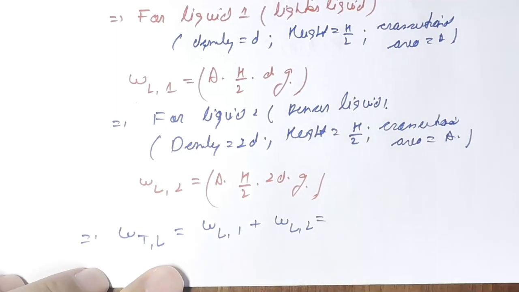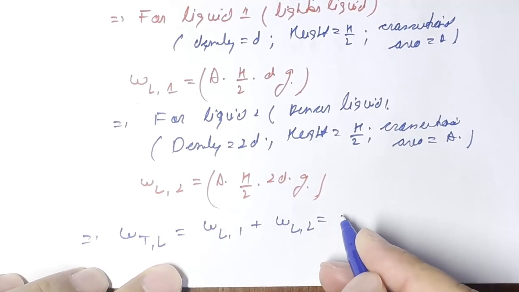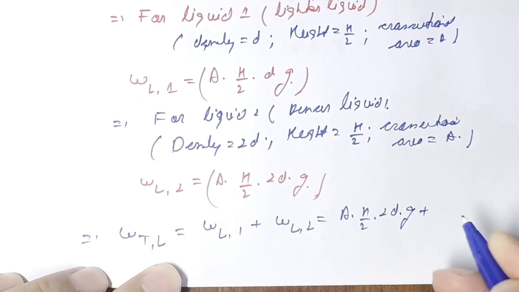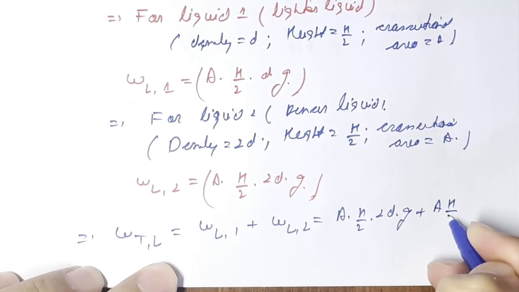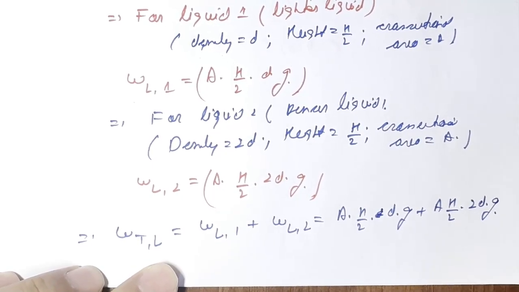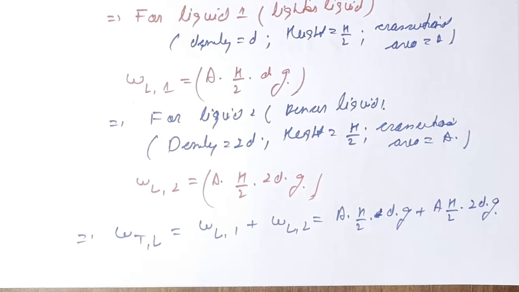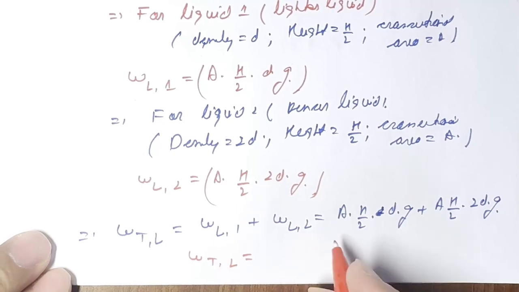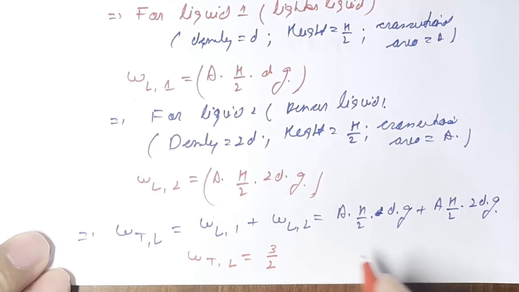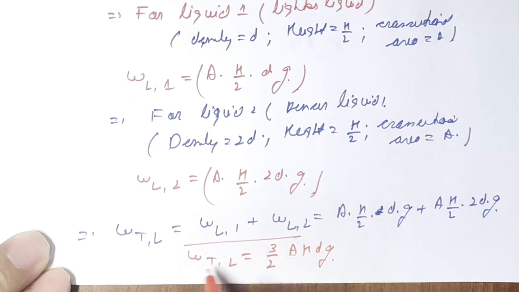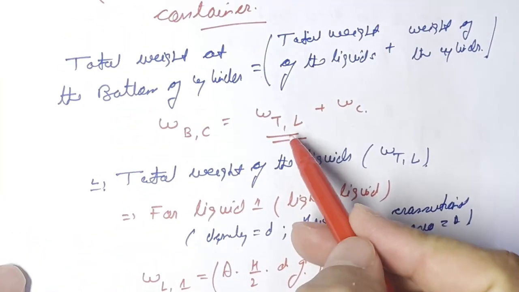We substitute the values: A H by 2 d multiplied by G plus A H by 2 2d multiplied by G, and we simply add them. So total weight of the liquid will be equal to 3 by 2 A H d G.